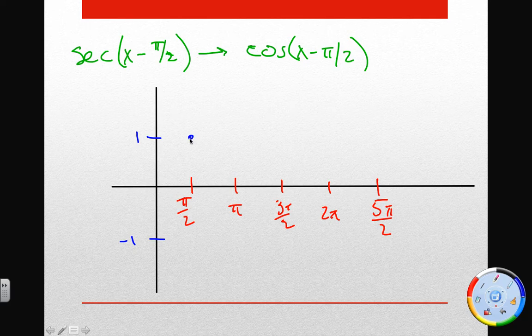Cosine's going to start up at pi halves to the right. It's going to go middle. It's going to go down, middle, up. I'm not going to graph cosine because I don't really care about cosine. I'm going to graph whatever secant was. So secant has an asymptote here and here.